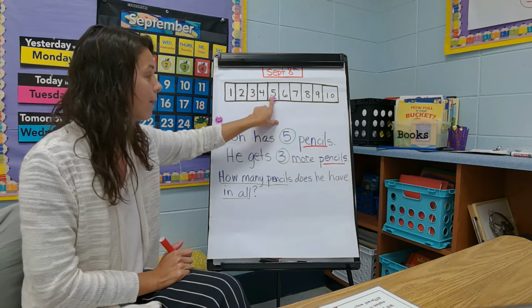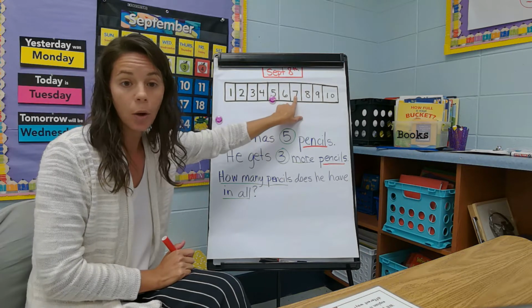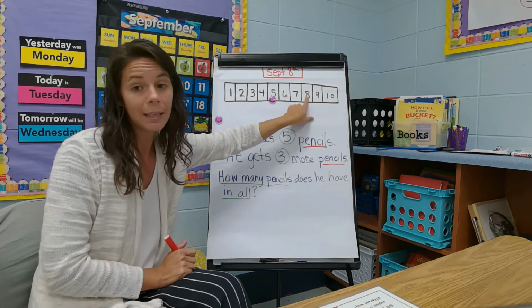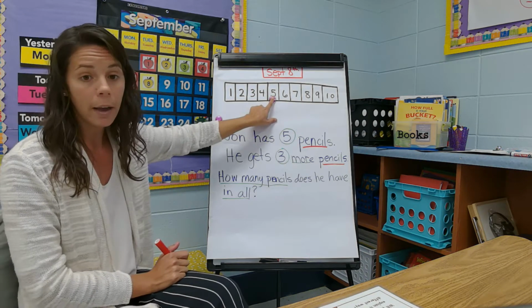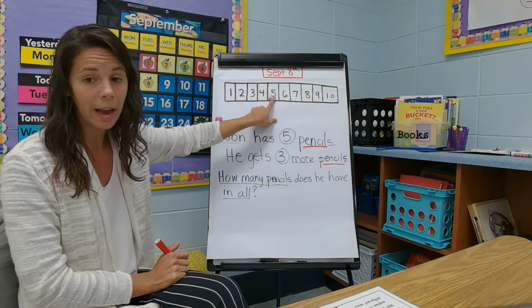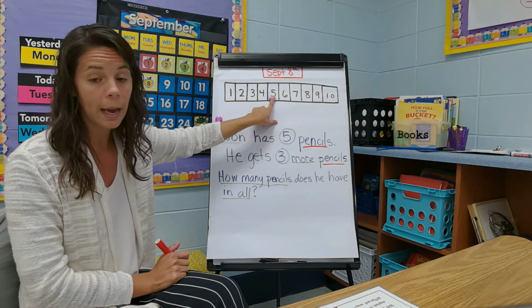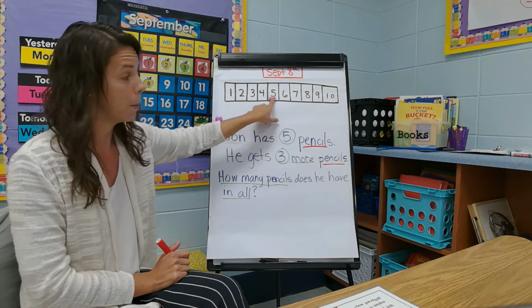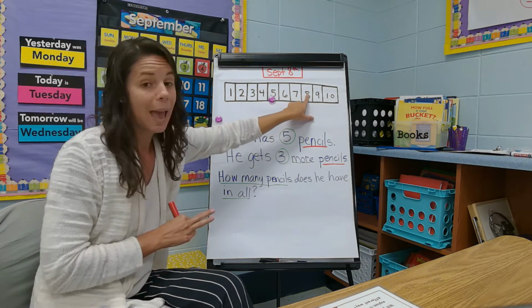So let's count on from 5. 1, 2, 3. I touched 3 numbers. Okay, let me do that again. We are on 5. I hope your finger's on 5 on your mat. Let's count up 3 more, meaning we got to touch 3 more numbers. 6, 7, 8.